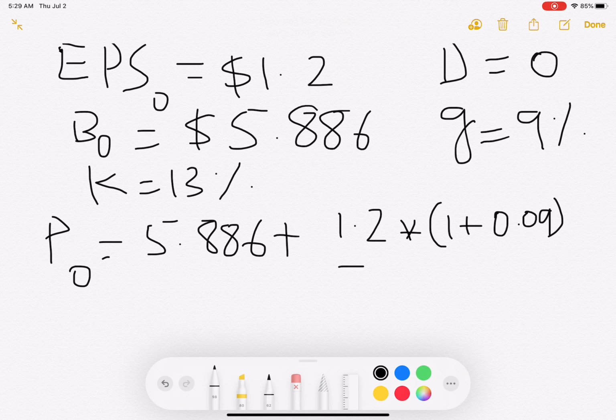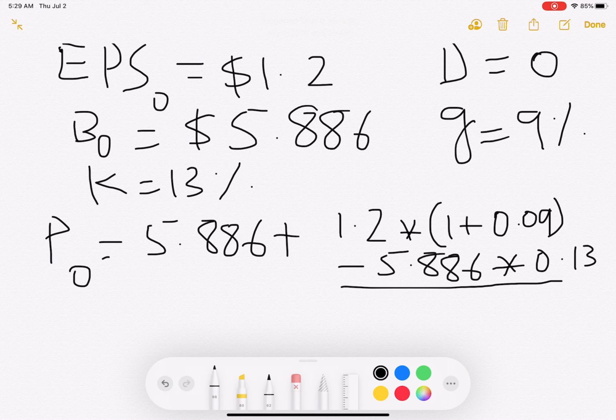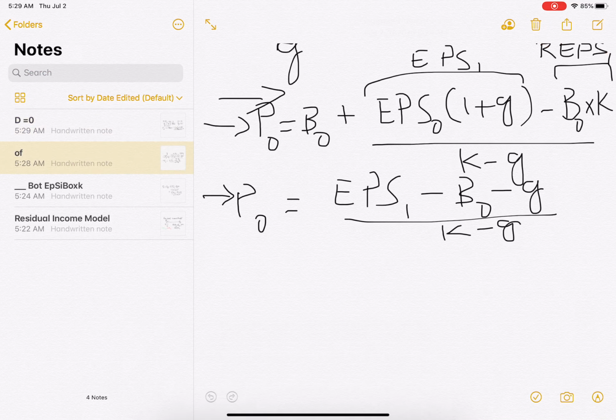5.886, which is the current book value, multiplied with the required rate of return. The 13% is the required rate of return, so it is 0.13 in decimals, right? Whole divided by K minus G. We can see over here it's K minus G in the denominator.